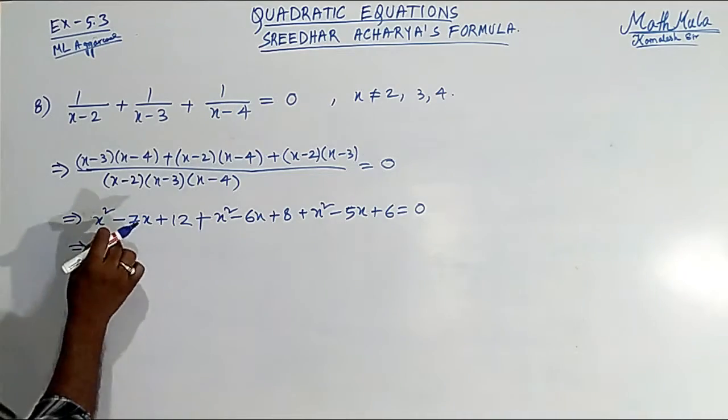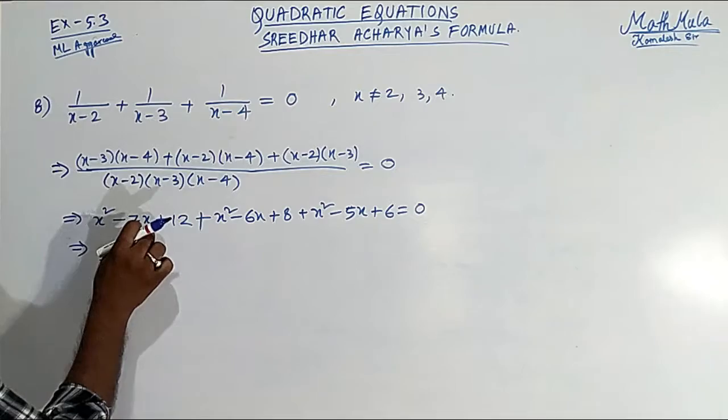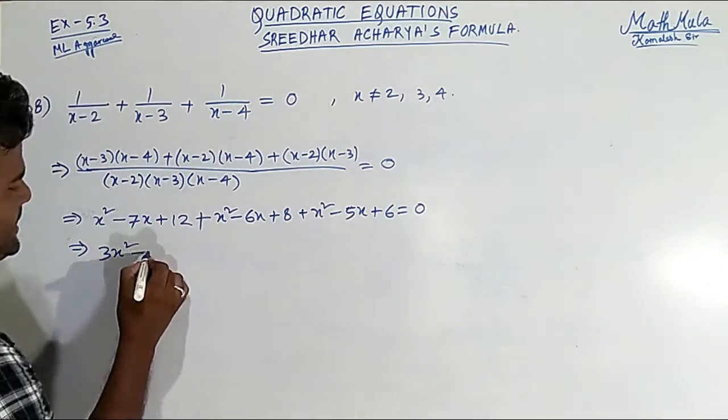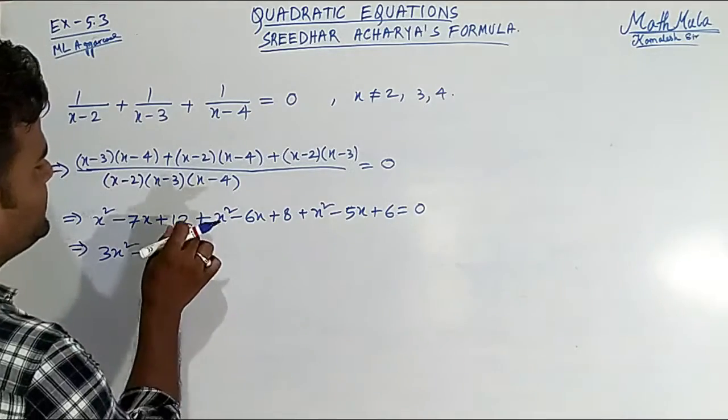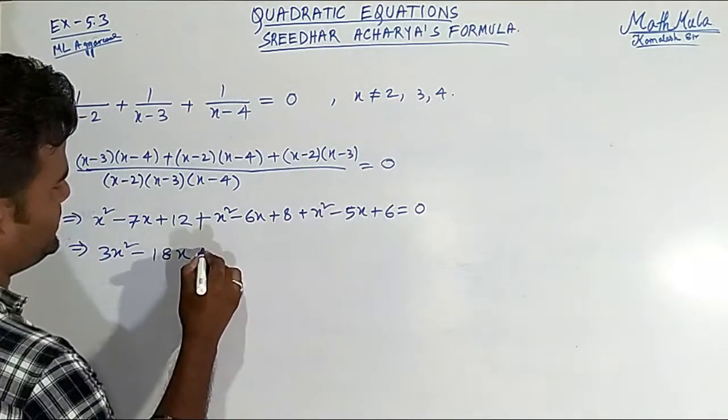That implies we get x square, that is 3x square. Now minus 7x, minus 6x, minus 5x, that is minus 18x. Then 12 plus 8, 20 plus 6, that is 26.